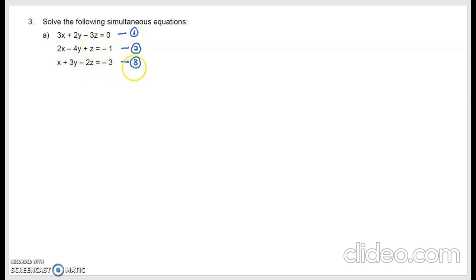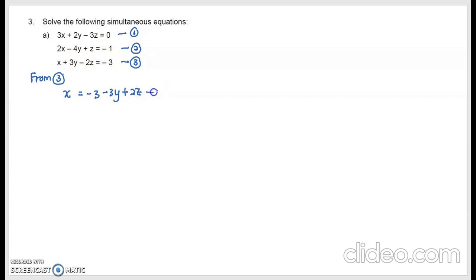So from here, let's say I choose equation 3. I just have to move 3y and negative 2z to the right hand side. So it will become x is equal to negative 3, minus 3y, because 3y becomes negative 3y when moved to the right hand side, and negative 2z becomes positive 2z.